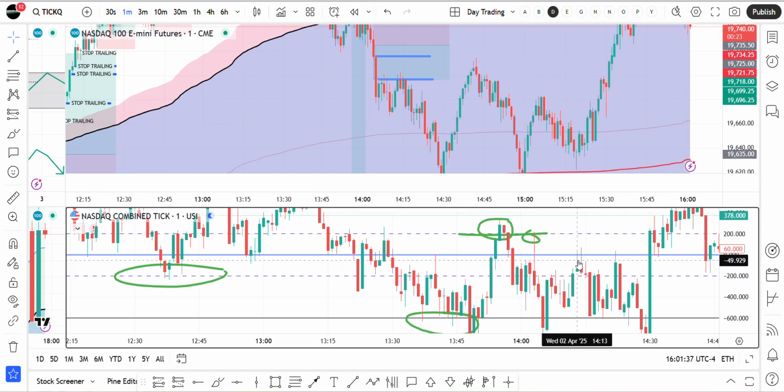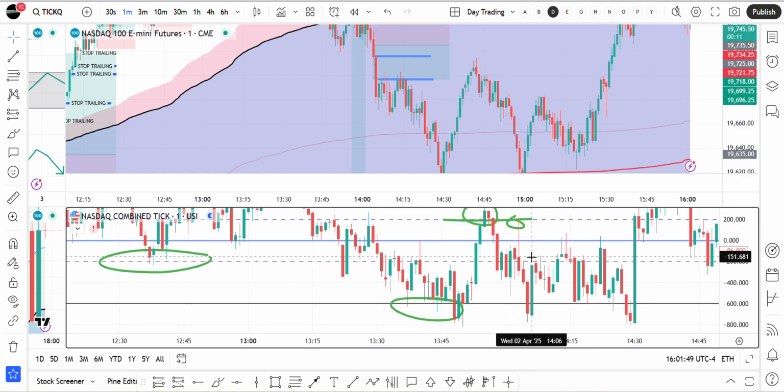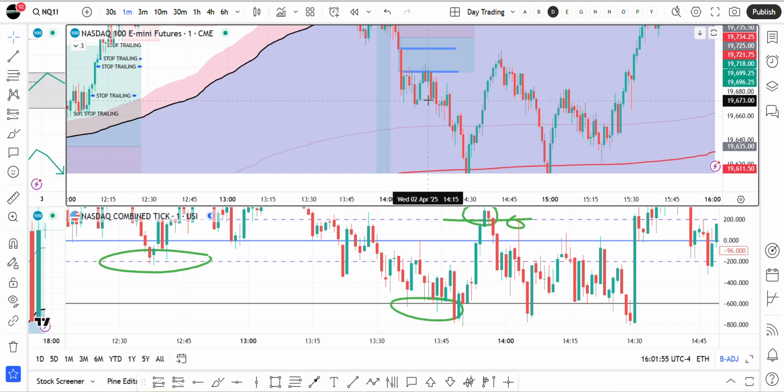Is there another entry? 1413, 1414. Came from the extreme. And now 1414, 1413 is 1413. Doesn't go below.